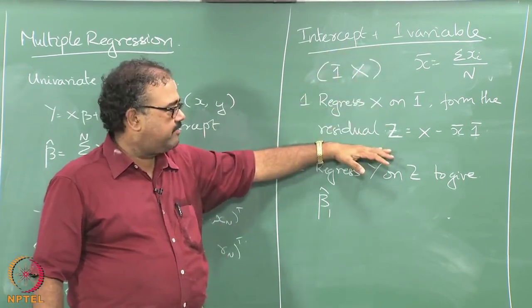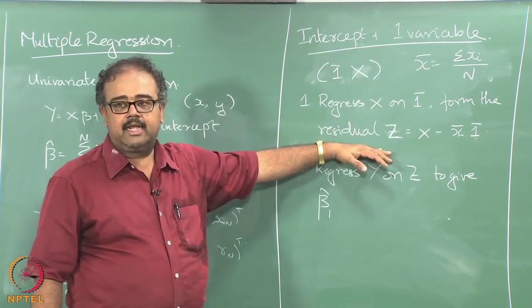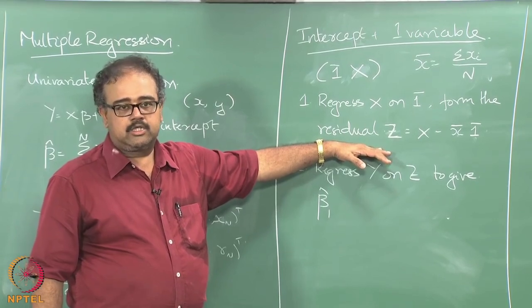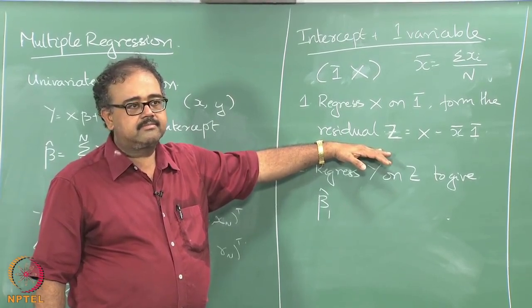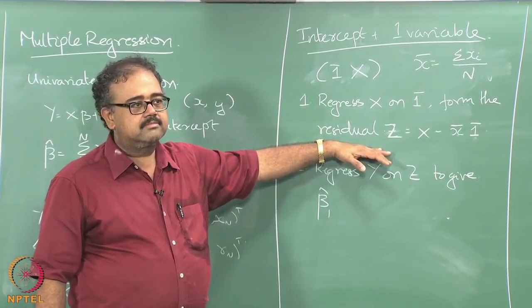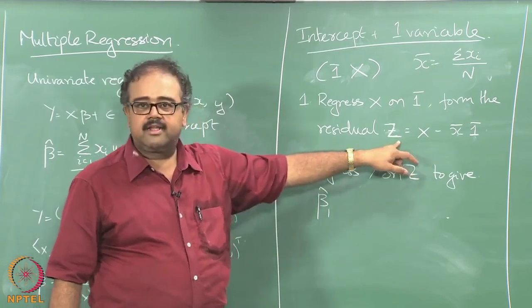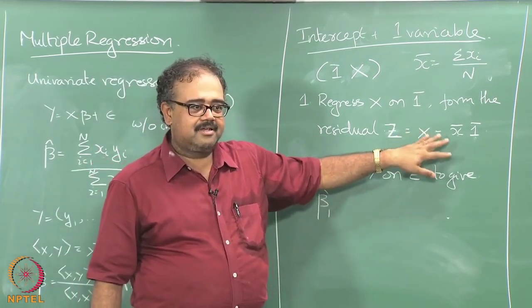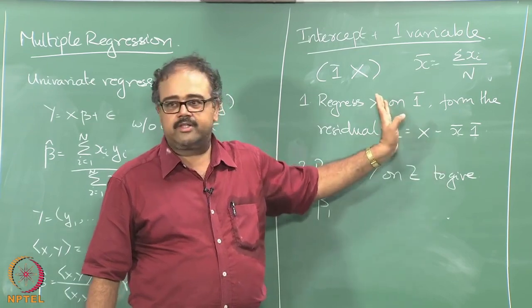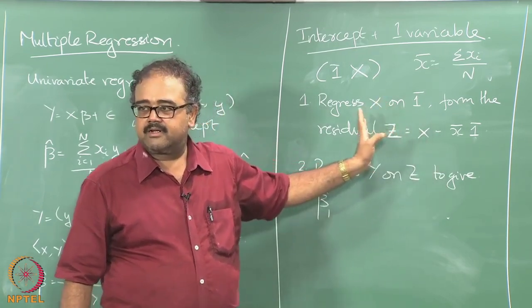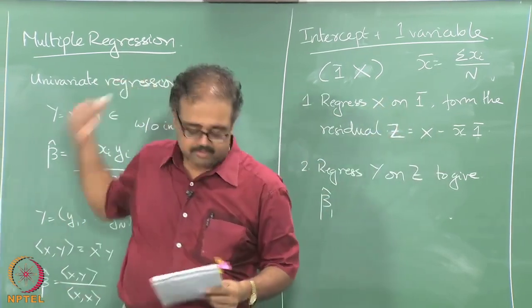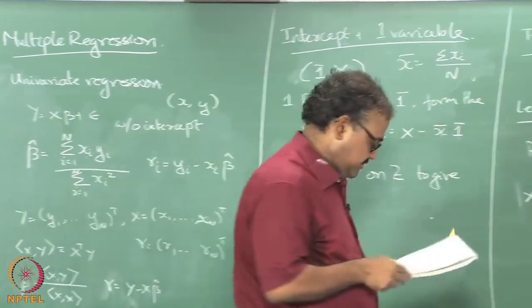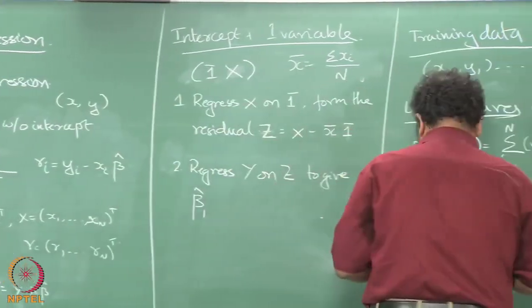If you think about what I have done here, this is essentially making x orthogonal to the 1 vector. The z vector is the component of x that is orthogonal to the 1 vector, going back to how we did the univariate regression.